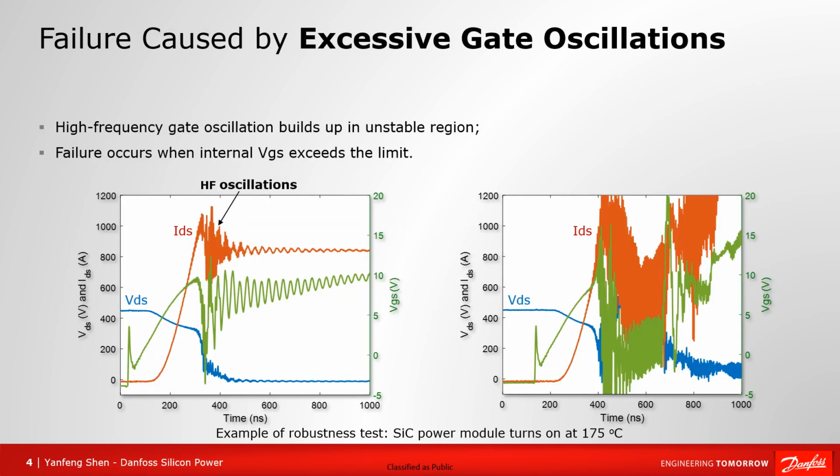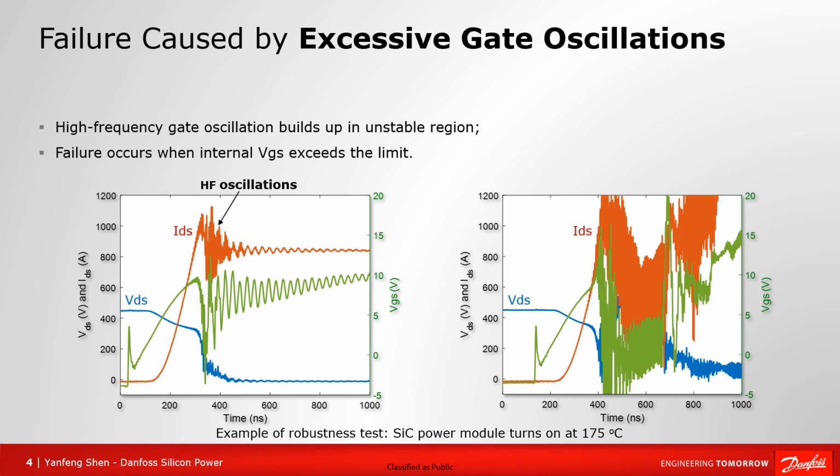Here is an example of a silicon carbide power module failure during turn-on at 175 degrees C. The green trace is the measured gate source voltage. From the left-hand figure, we can see that the high-frequency gate oscillation is building up in the middle of the turn-on process.